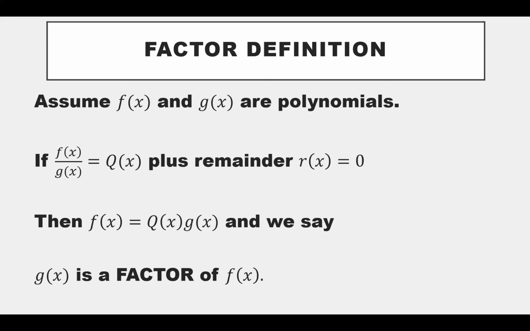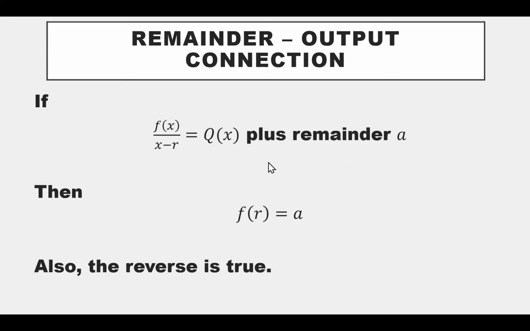So every 0 of the function means that x minus r is a factor of that function. When you put this and the previous together, if we have remainder 0, then x minus r is a factor. That means r is a 0 of the function.